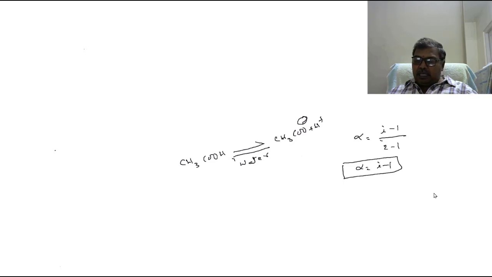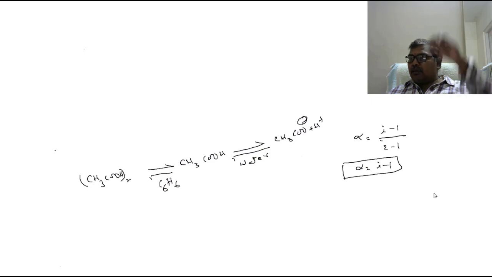Suppose if the same acetic acid is dissolved in benzene, a non-polar solvent, then it undergoes dimerization. So that means it associates. See this, I think this we studied in the chemical bonding topic.